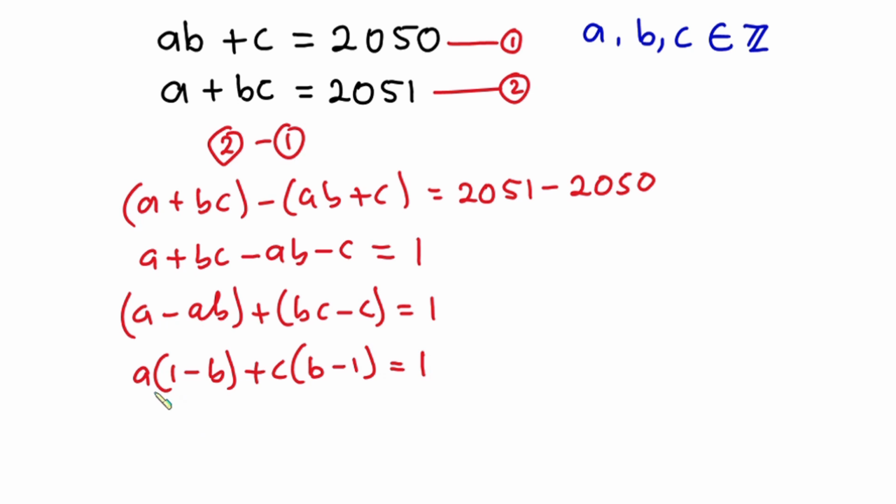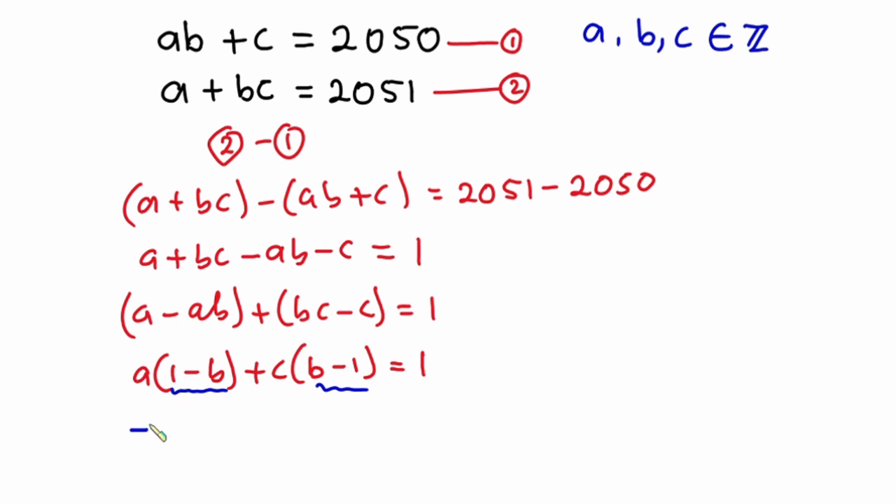Now you notice that we can't factorize this anymore, but let's pay attention to what is in the parentheses. Here we have 1 minus b, and then here we have b minus 1. Now if you factor -1 from this term, we can factor again, right? So let's do that.